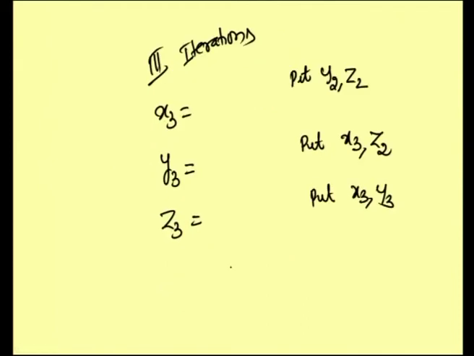So, for the third iteration, for finding x3, put y2 and z2, that is, the second iteration values. For finding y3, you put the fresh x value x3 and z2. For finding z3, put x3, y3. That is, as and when the values are found, they are immediately substituted to find the next values. The iterations are continued till two consecutive sets of values are the same, corrected to the specified decimal places.